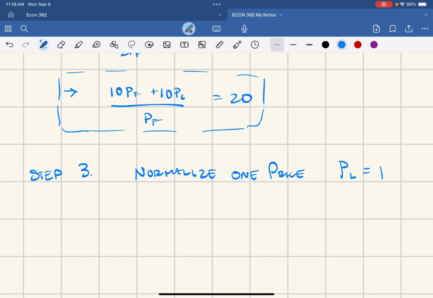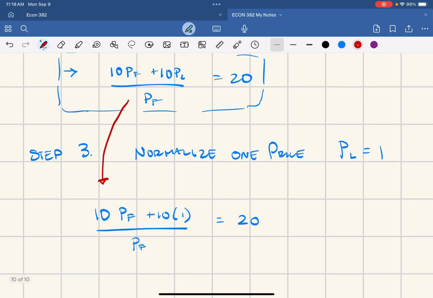So by normalizing that, it takes this market clearing equation that we had and is going to allow us to rewrite it as 10 times the price of figs plus 10 times 1, which is the normalized price of leaves, over the price of figs, which is equal to 20. And now we have one equation with only one unknown, and so now we can solve for the price of figs.